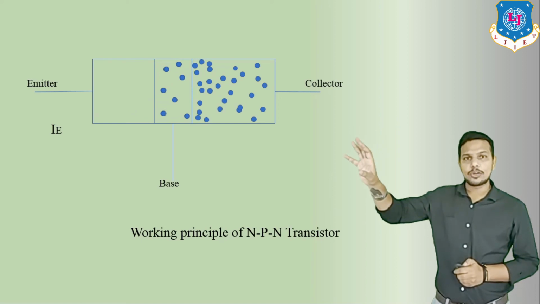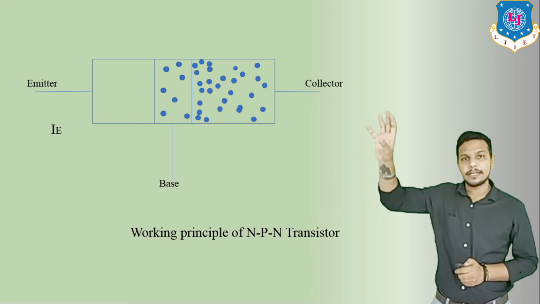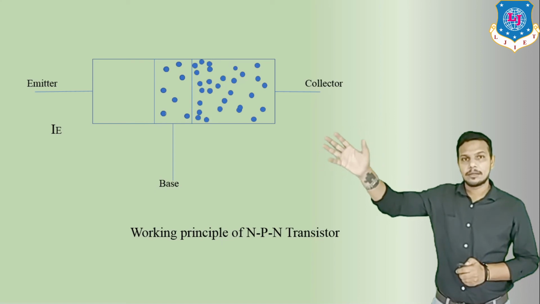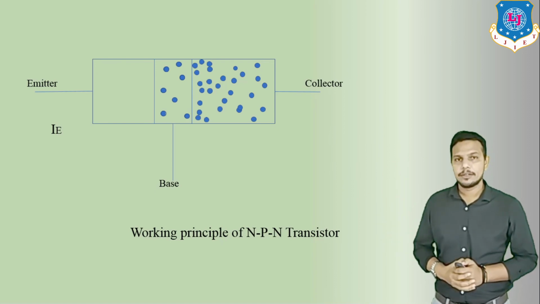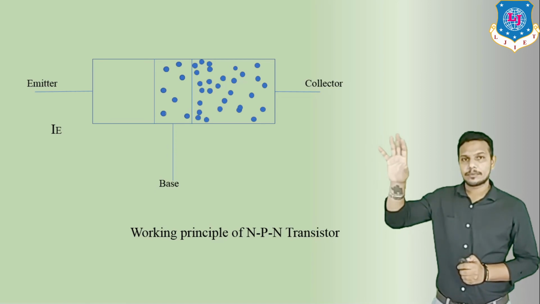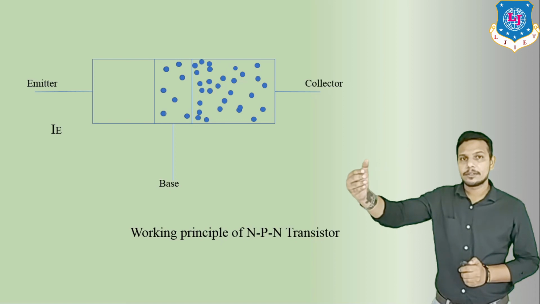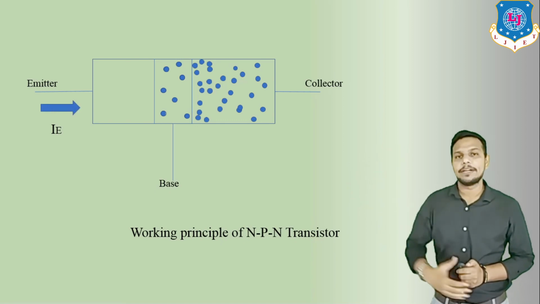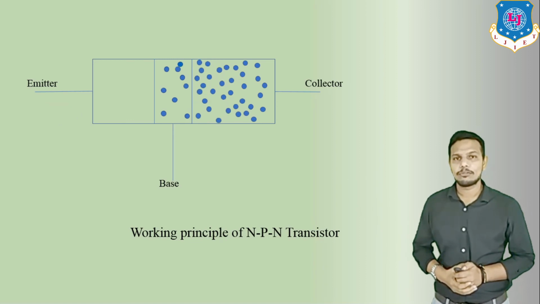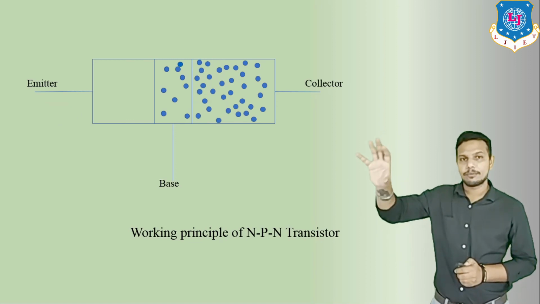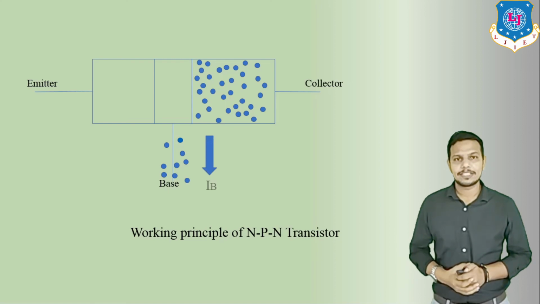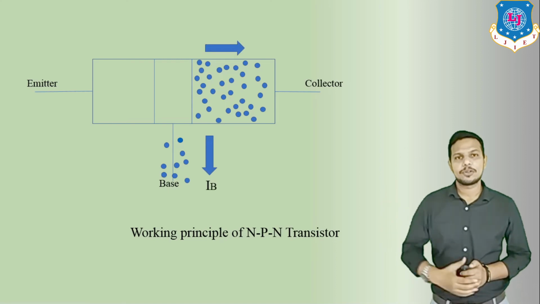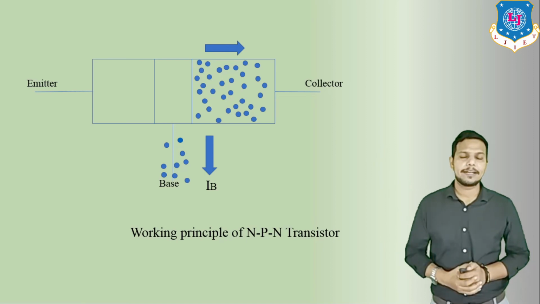Here those electrons recombine with holes in the base terminal, and a few electrons are injected into the collector side. The electrons which recombine with holes flow in the downward direction. Here we can see the arrow for IE. The electrons flowing to the downward side become IB, the base current, and the electrons injected into the collector side are known as IC, the collector current.